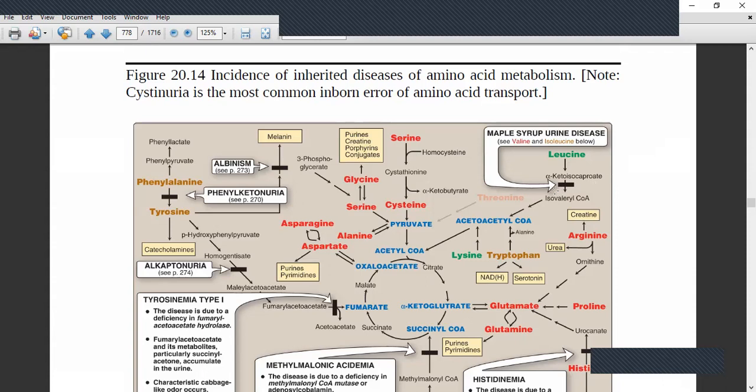But I want to say that leucine will give you acetoacetyl CoA, which will give you acetyl CoA. So leucine is strictly ketogenic together with lysine. So leucine, lysine, strictly ketogenic.